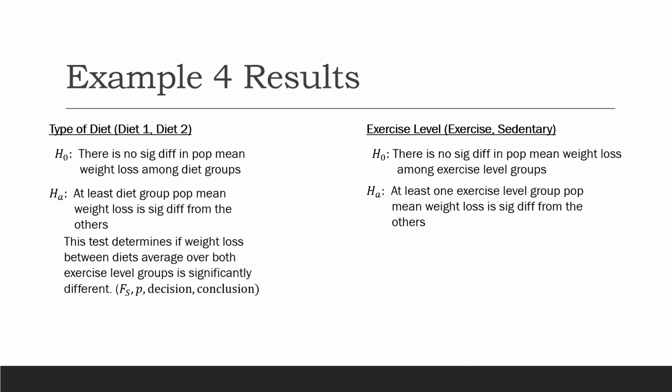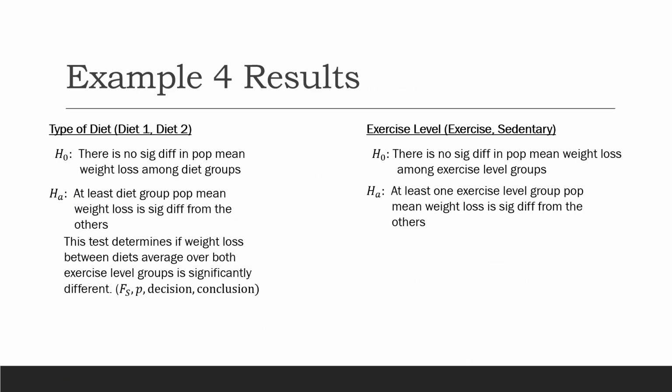that test of the type of diet variable, that factor, it determines if weight loss between diets averaged over both exercise level groups is significantly different. Meaning it's not looking at which exercise level group you're in. I'm testing whether those means are different for the two diet groups, right?